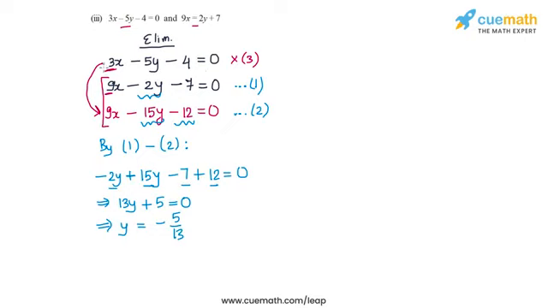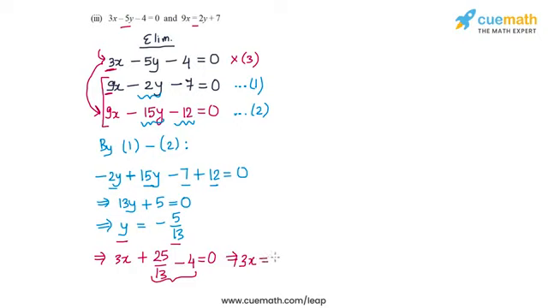So by substituting this value of y, minus 5 by 13, into the first equation, I can find the value of x. So we have 3x minus 5y. So minus 5y will be 25 by 13, minus 4 is equal to 0, and this will give me 3x, and 25 by 13 minus 4 is minus 27 by 13.